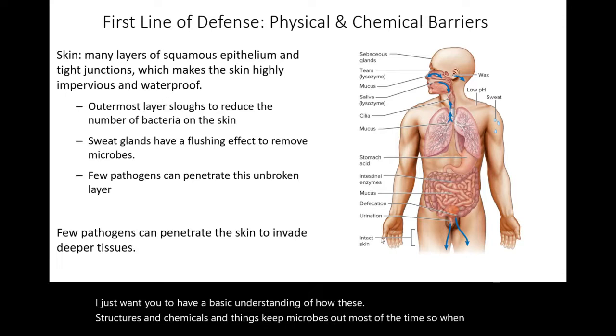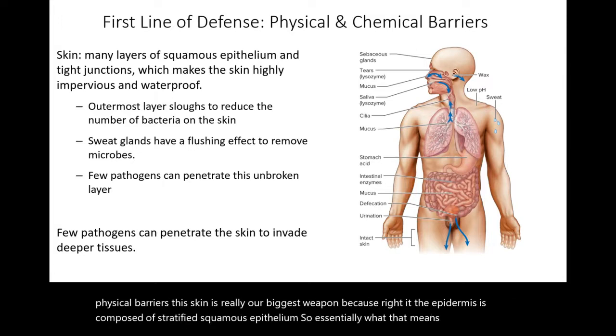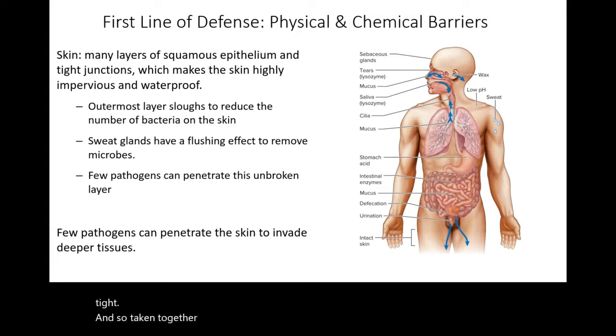When it comes to physical barriers, the skin is really our biggest weapon because the epidermis is composed of stratified squamous epithelium. Essentially that means there are many layers, they're tightly packed, and the junctions between the cells are very tight. Taken together, it's very hard for pathogens to get through our epidermis.